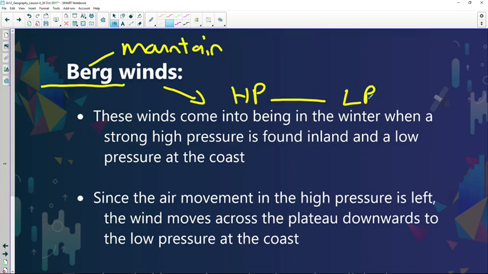So in theory, what can we say? It's mountain winds. It's when the air blows from the mountain down an area or up the mountain, vice versa. Now, berg winds happen usually during winter times, or can happen during summer times, but are more prominent during winter times.